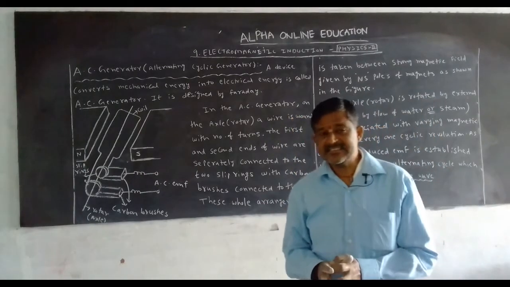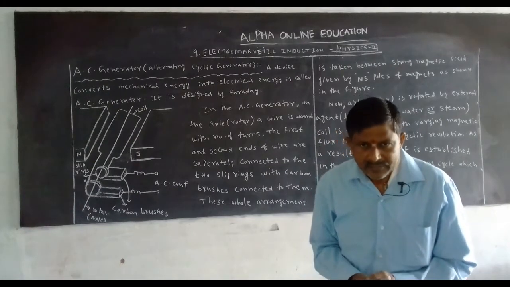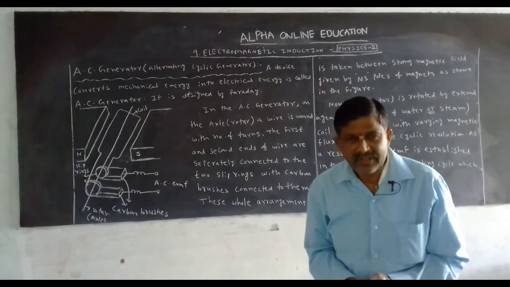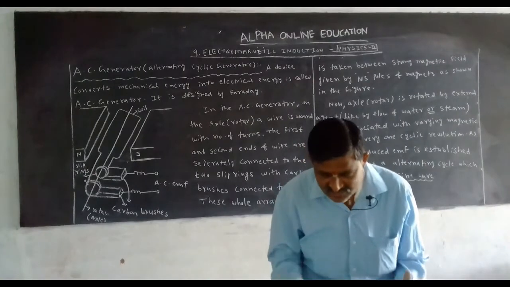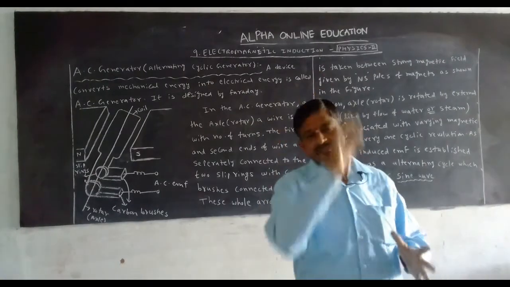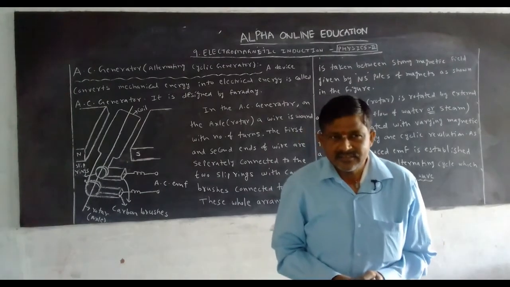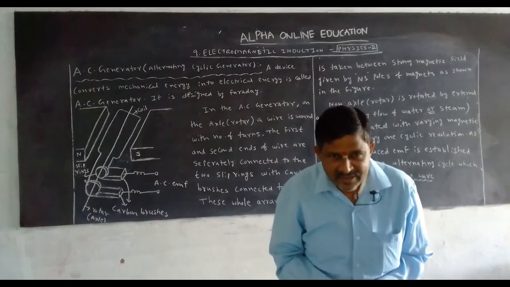What does an AC generator give? The generator gives the induced EMF in the coil. The induced EMF in the coil is called, in this topic, the AC EMF. AC generator gives AC EMF.